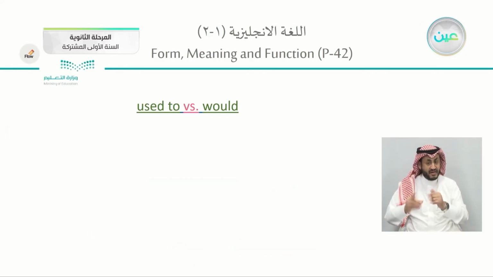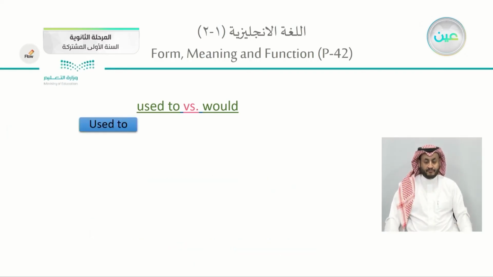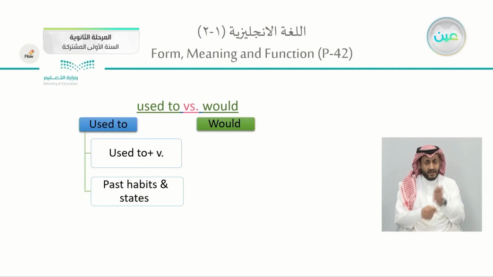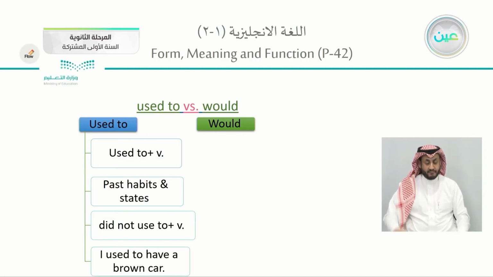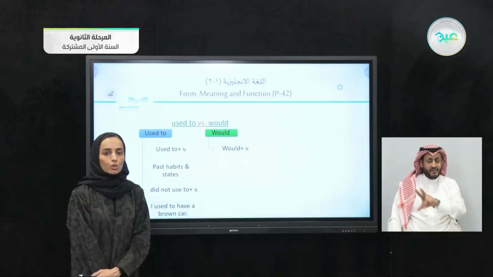Okay, so they are used to and would. For used to, it will be followed by a verb. We're speaking about past habits and states, actions in the past and states, and we will use it with didn't use to plus the verb, like I used to have a brown car. How about would? If we were comparing, would plus the verb, I would do.